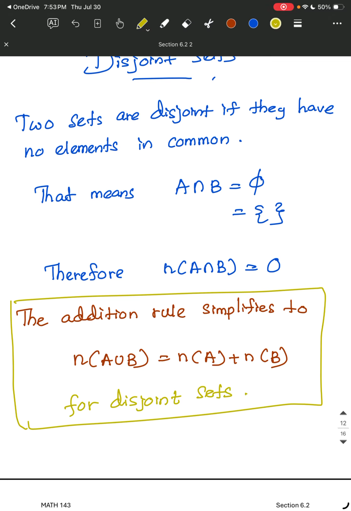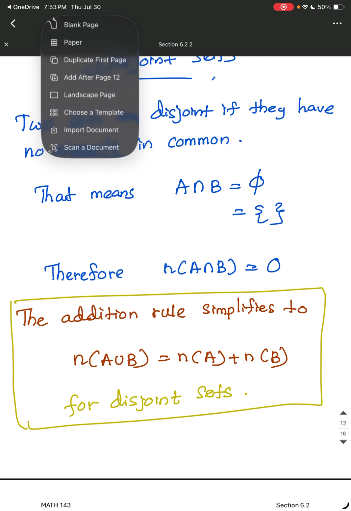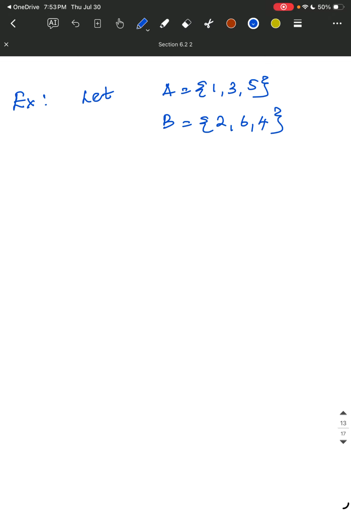Okay, let's go for the example quickly. Example: let set A be 1, 3 and 5, set B be 2, 6 and 4. Okay, then what about A intersection B? These sets are disjoint, so the empty set.